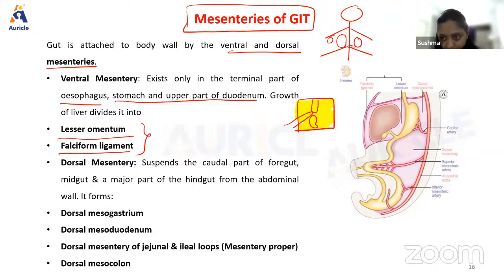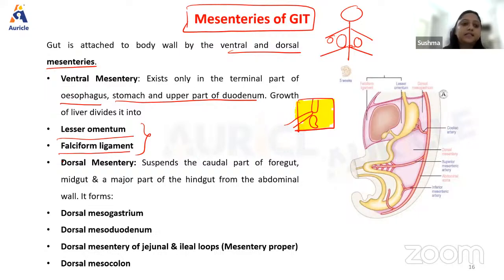Understanding, guys? Look at it. This is the falciform ligament and this is the lesser omentum. And here you can see the developing liver. And this is, of course, the stomach and duodenum, which are attached to the body wall like this. This is the developing embryo, as you can see here.